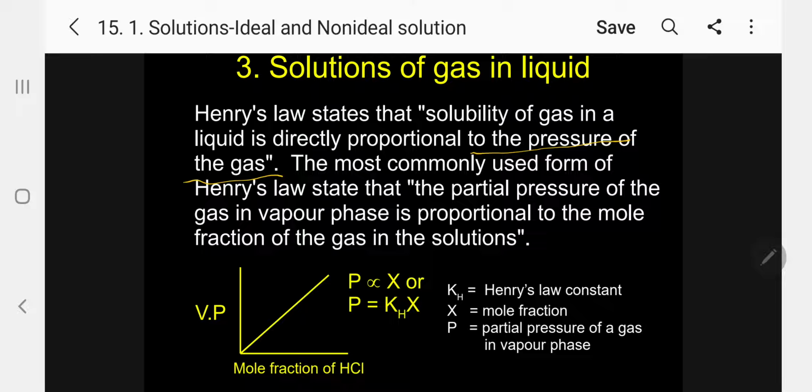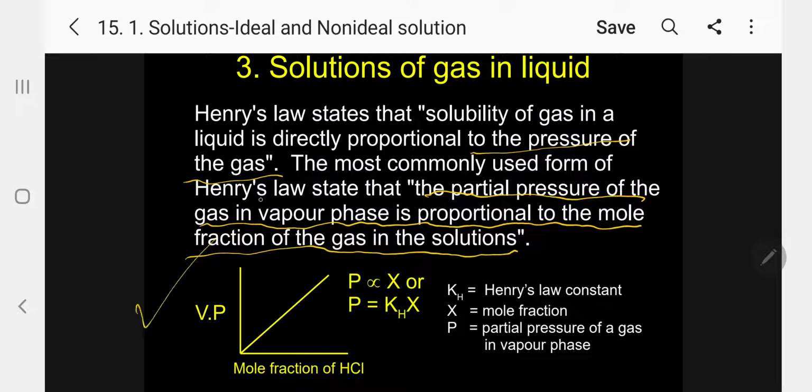The most commonly used form of Henry's law states that the partial pressure of the gas in vapor phase is proportional to the mole fraction of the gas in the solution. So when he plotted vapor pressure versus mole fraction, here it is HCl mole fraction.